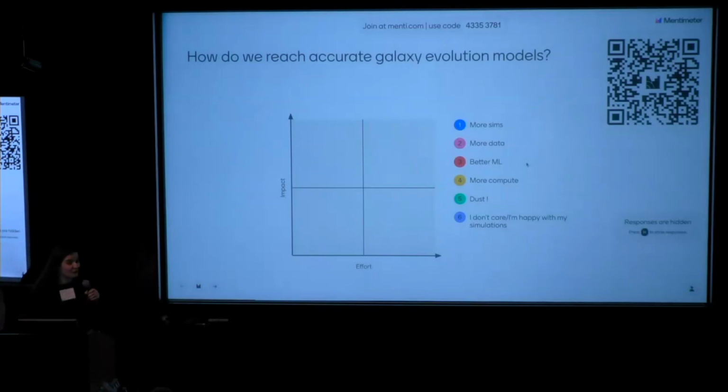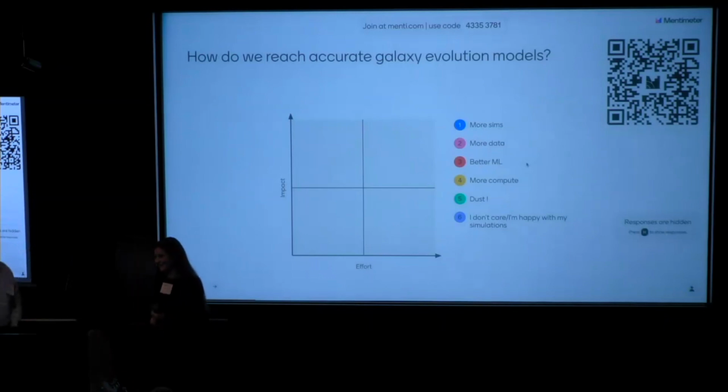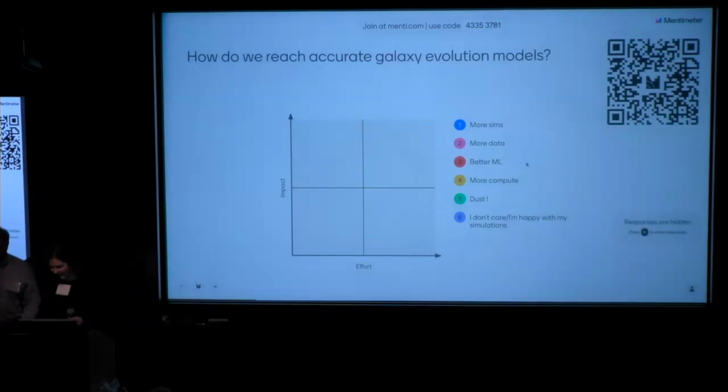I've hidden the responses. I don't want you to get biased. Everything is anonymous. Do not be shy. It's up to you to interpret that. There we go. We have the first brave person. You have a little counter at the bottom.